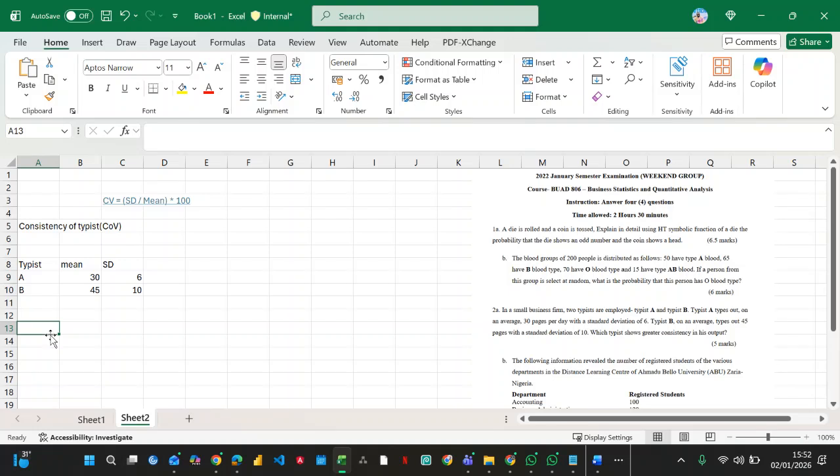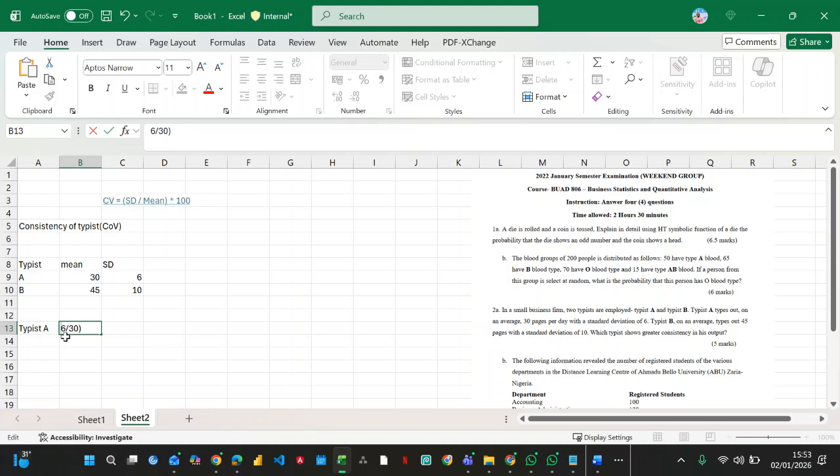These are the departments: accounting, business admin, economics, geography, and social.